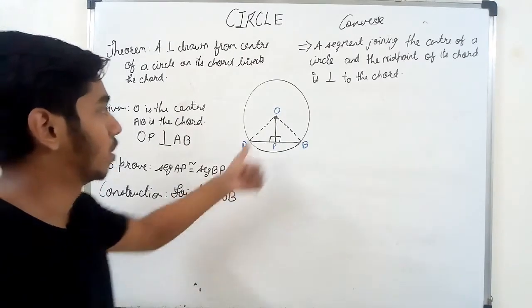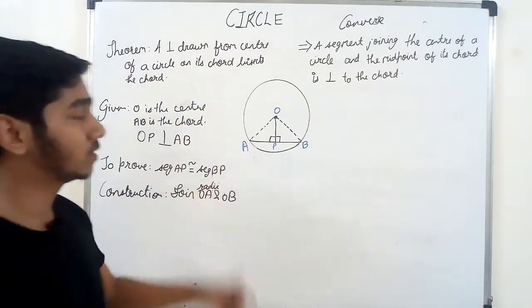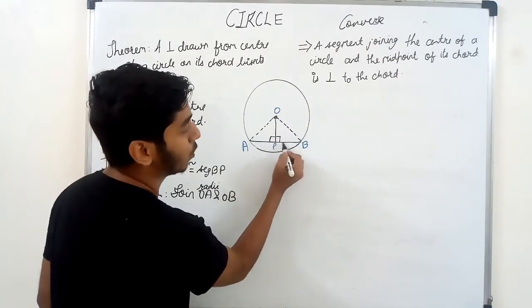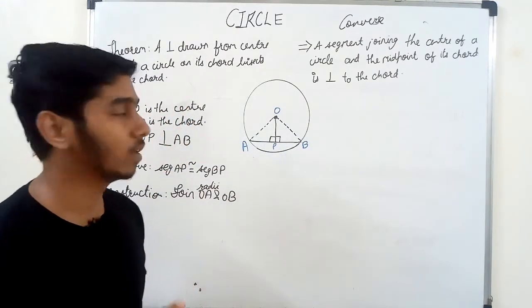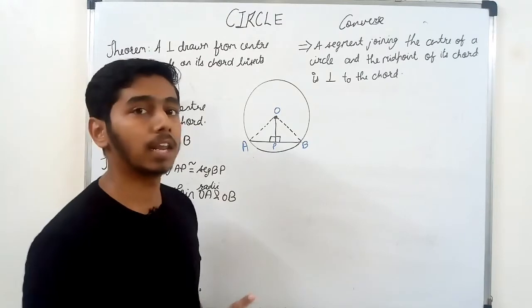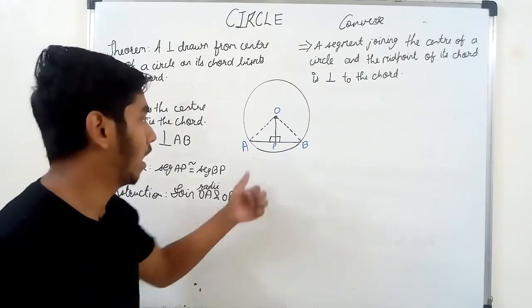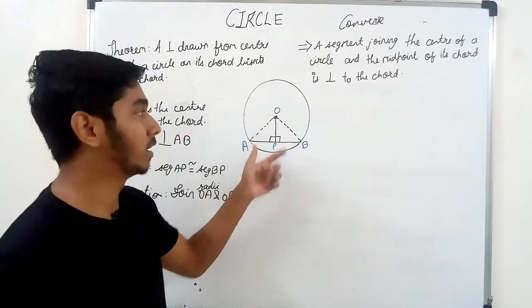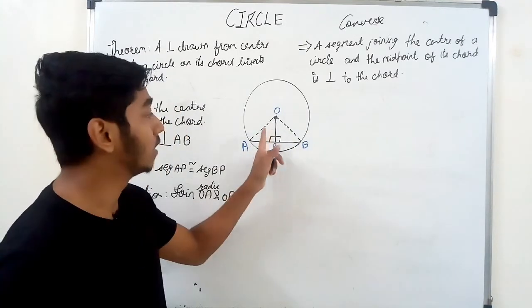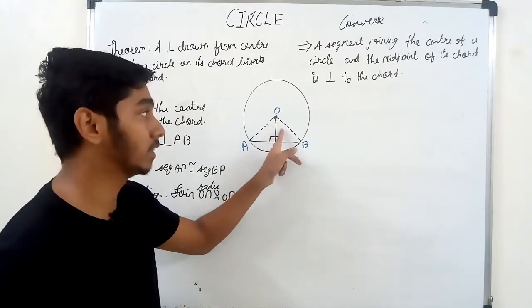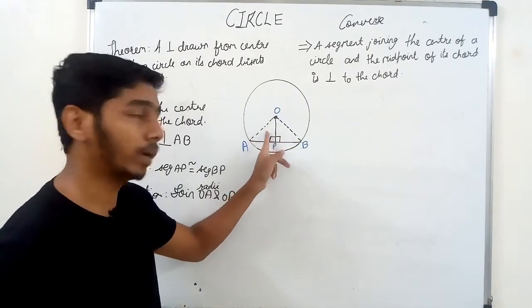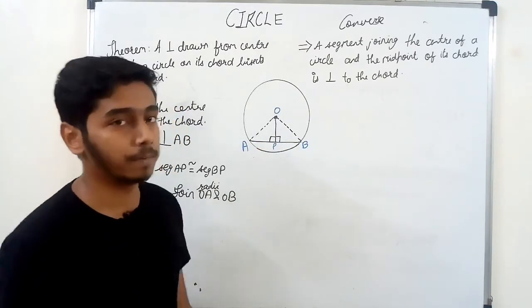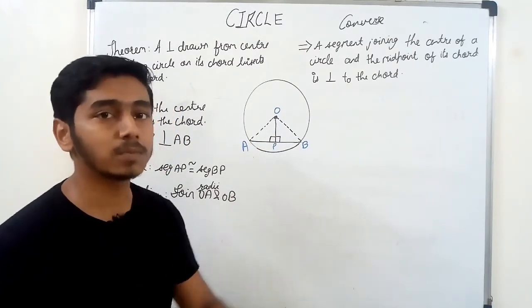Now we'll look at the proof. Before starting the proof, we need to prove that AP is congruent to BP. If you remember previous chapters, parallel lines, quadrilaterals and others, to prove these two sides congruent, can we do it by considering two triangles, proving them congruent, and then easily saying that this side and this side are congruent? Yes or no? The easiest way.